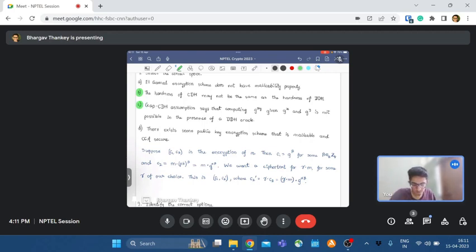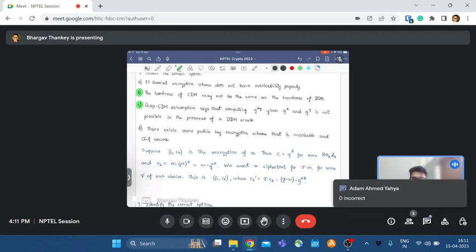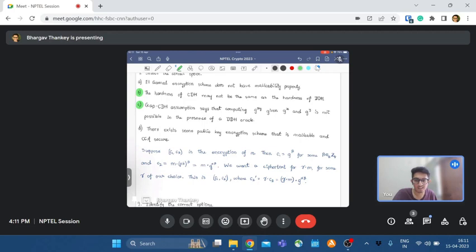What about option D? There exists some public key encryption scheme that is malleable and CCA secure. If a scheme is malleable, then given the challenge ciphertext C, we would be able to manipulate it and create a new ciphertext C prime, which is valid.